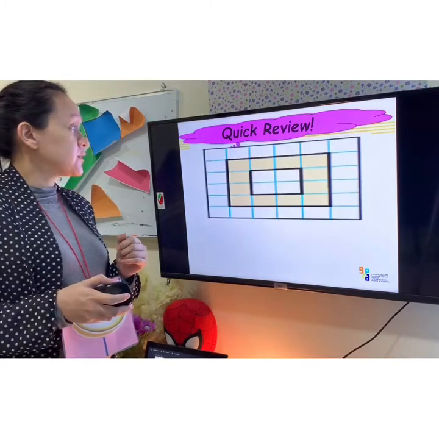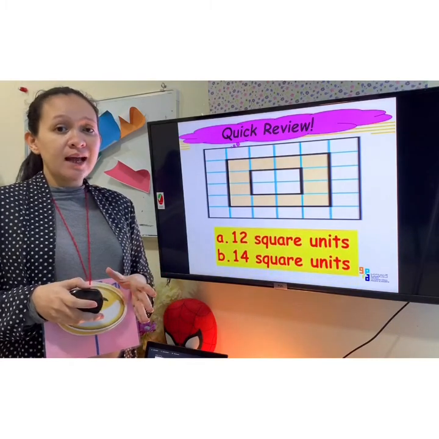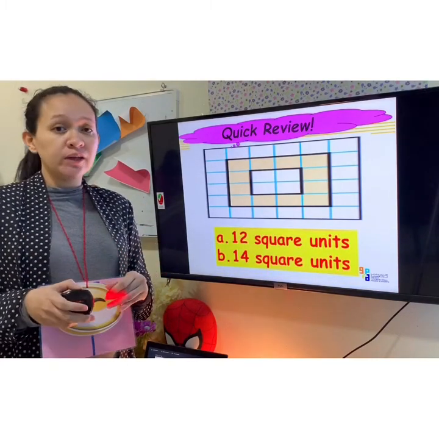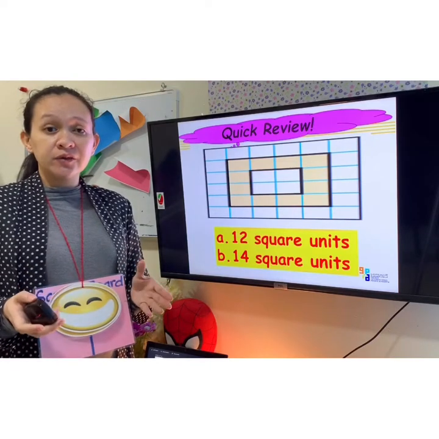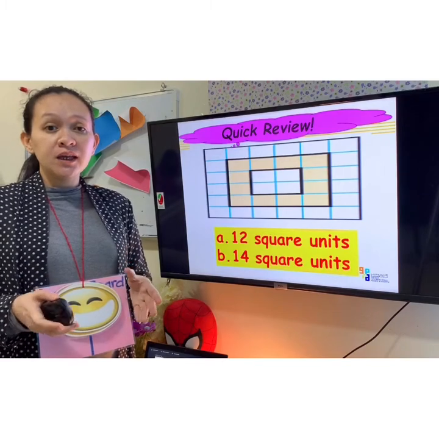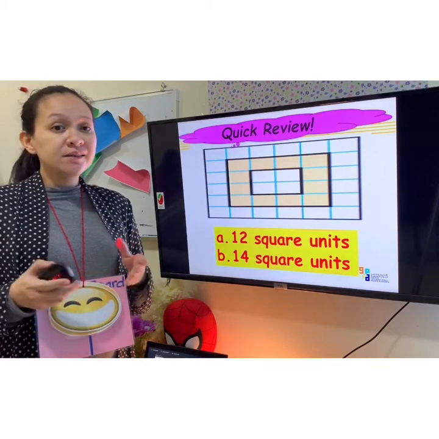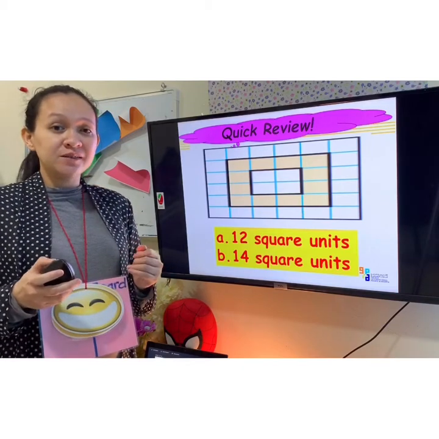Now let's move to the second figure. What do you think is the area of this figure? Again, I will give you 10 seconds to answer. 10, 9, 8, 7, 6, 5, 4, 3, 2, 1, and 0. The answer here is, what do you think is the answer?